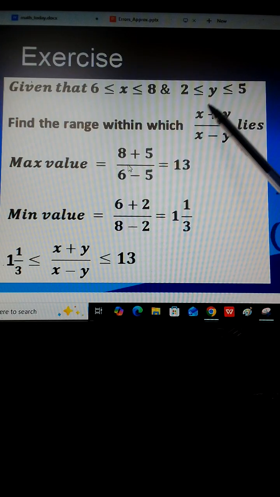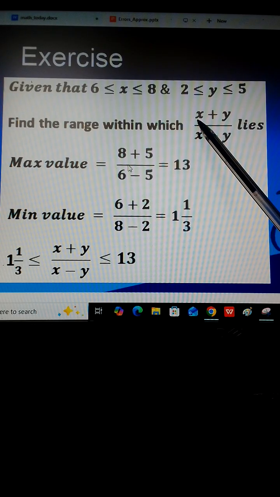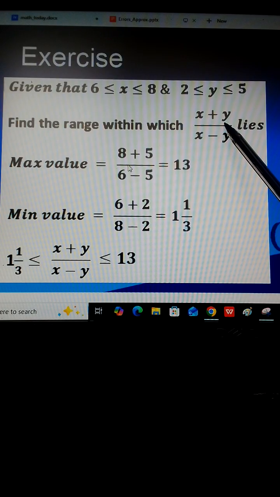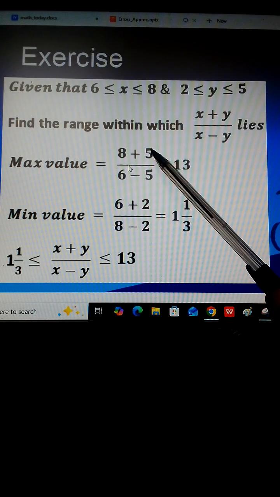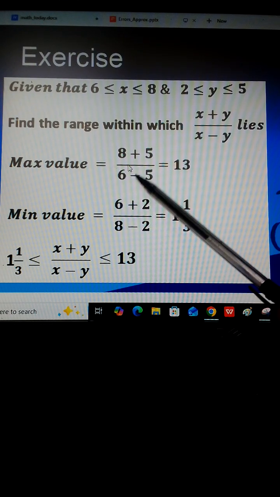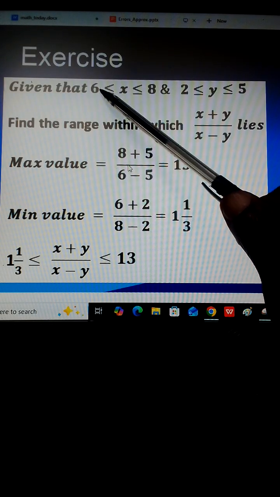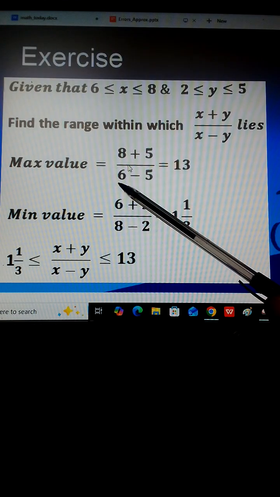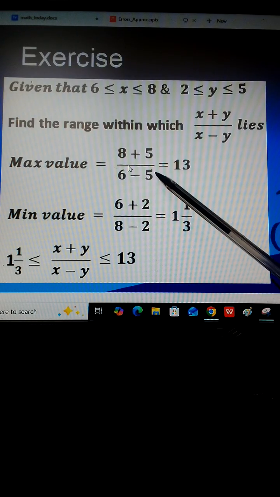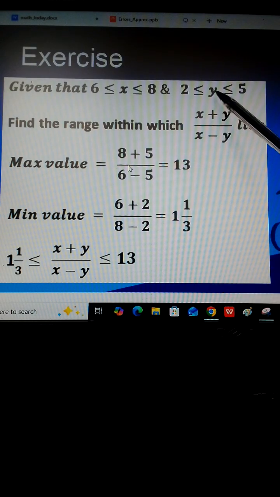So you take the maximum value of x, which is 8, plus the maximum value of y, which is 5. 8 plus 5, divided by, here we have to get the lowest value of the denominator. So you take the lowest value of x, which is 6, minus the highest value of y to get a very small denominator. So 6 minus 5 is 1. So you get 13 over 1, which is 13, the maximum value of this expression.